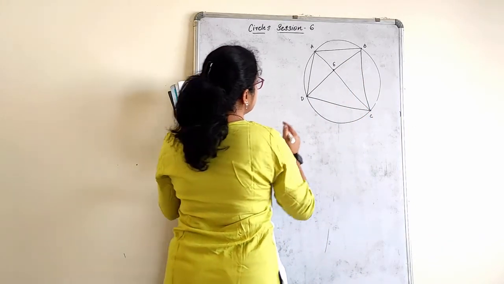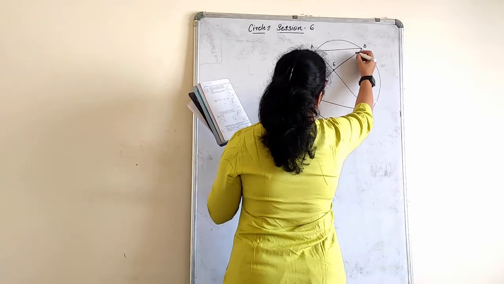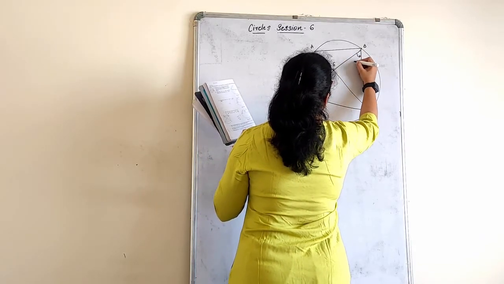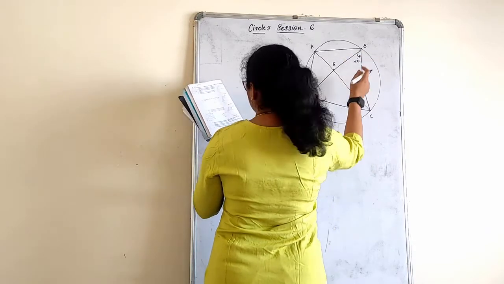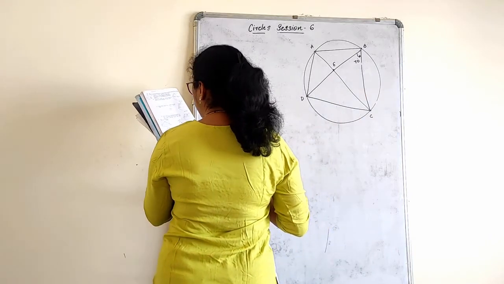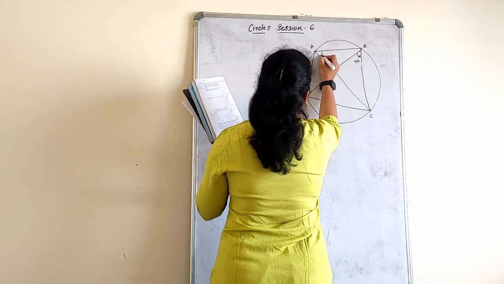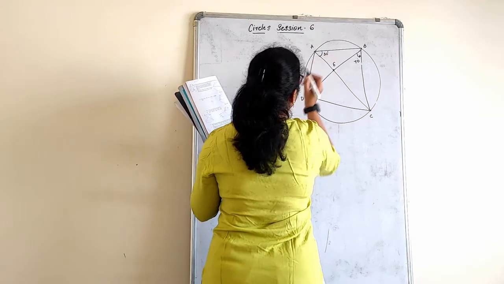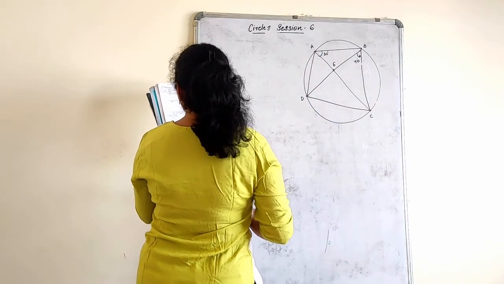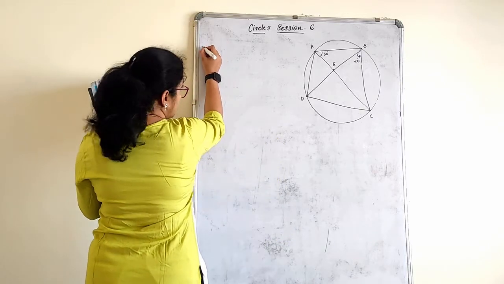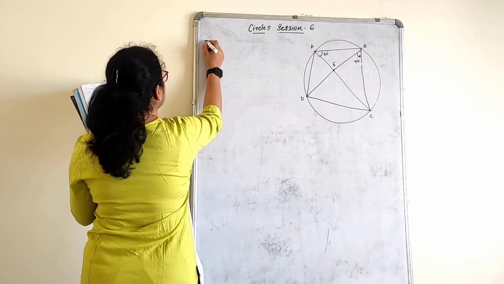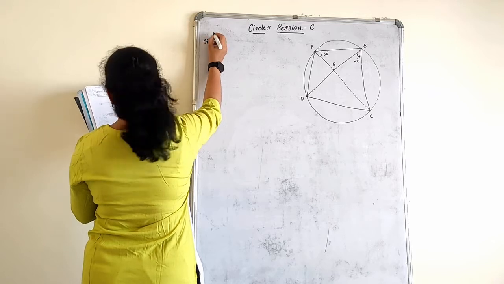If DBC is 70 degrees, and BAC is 30 degrees. We'll first write down according to the given, it is easy for us.